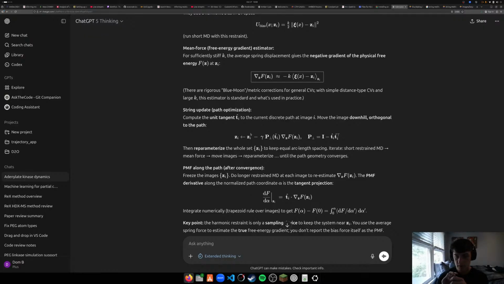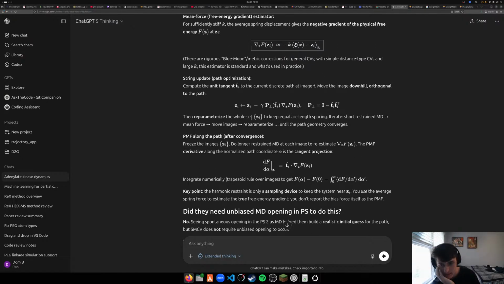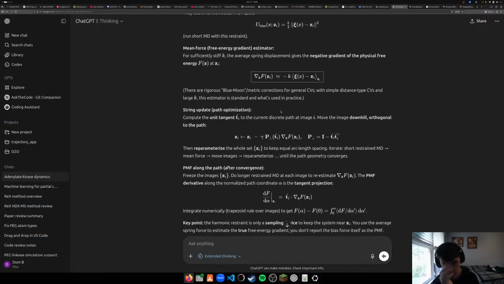String update, path optimization. Compute the unit tangent to the current discrete path at image i. Move the image downhill orthogonal to the path. Then reparameterize the whole set of z to equal arc length spacing. What? I do not understand that.